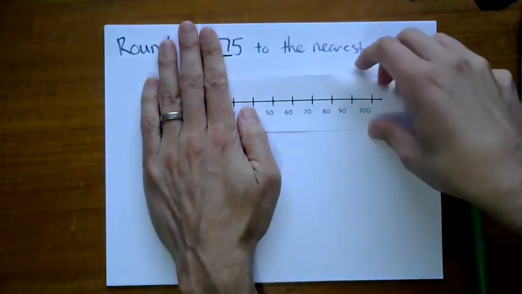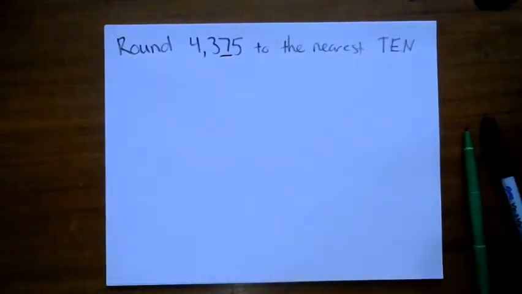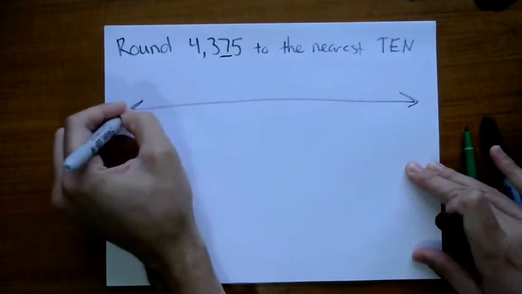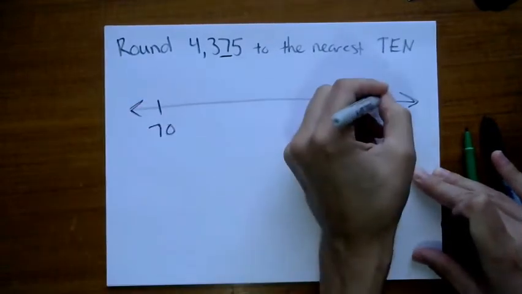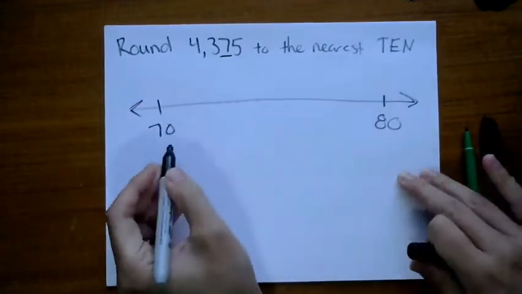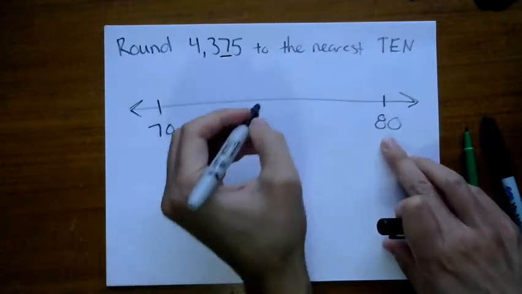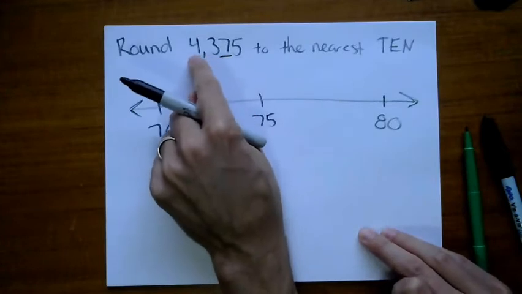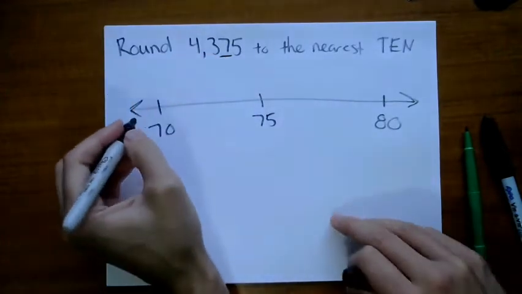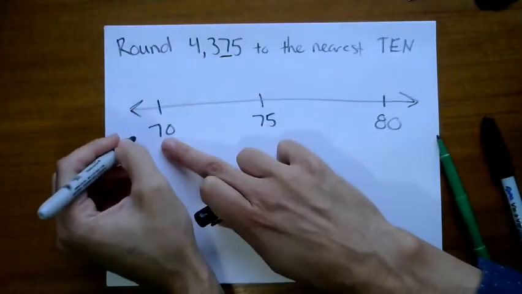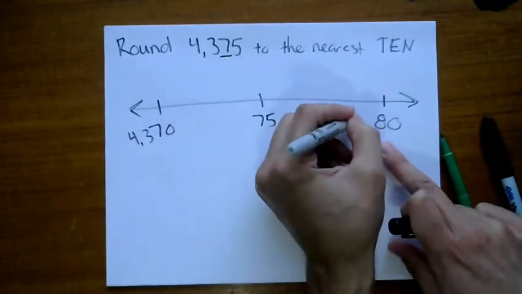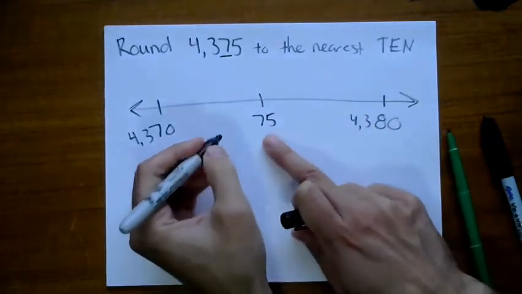So let me draw that on my number line, between 70 and 80. And then what's right in between 70 and 80? Yep, 75. But remember, we can't forget about these other places here. We're actually rounding between 4,370 and 4,380. So right in between would be 4,375.